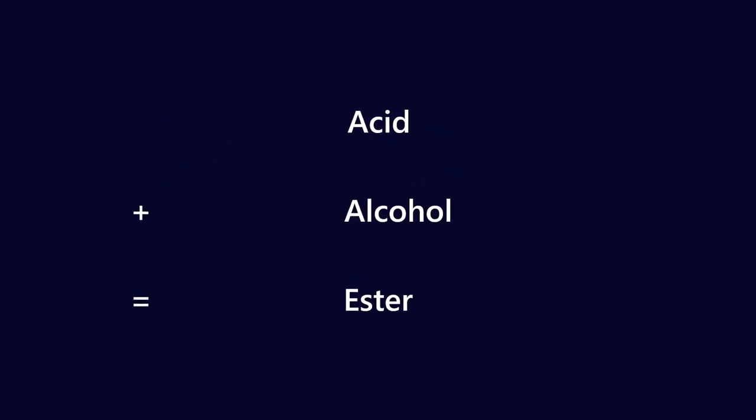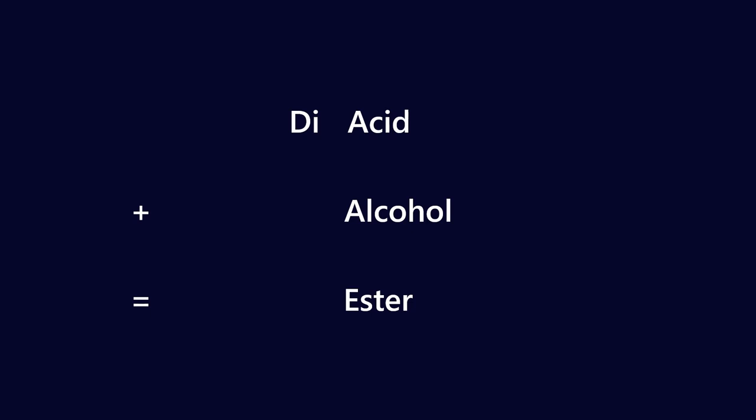So what might that look like in the lubricants market? Well, let's go through a couple of types of esters that you may have heard of. If I were to react a mono acid with a mono alcohol, what I get is a monoester.